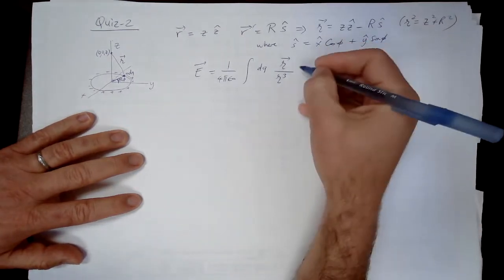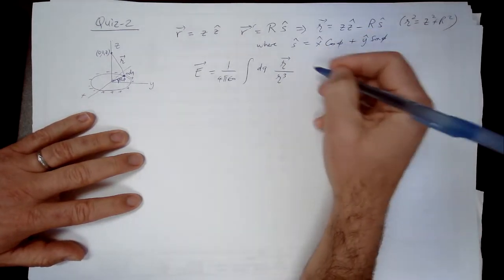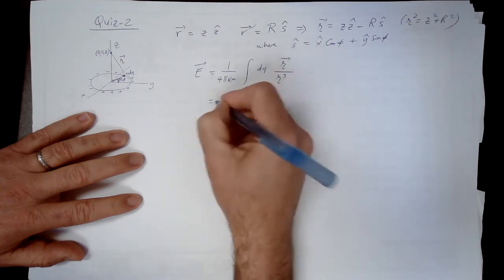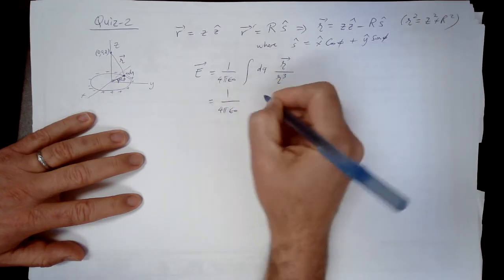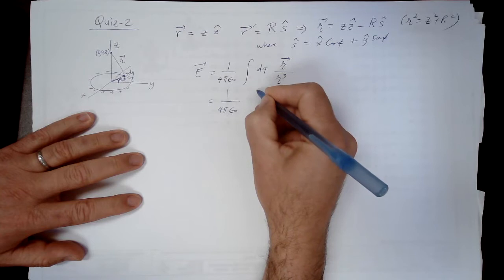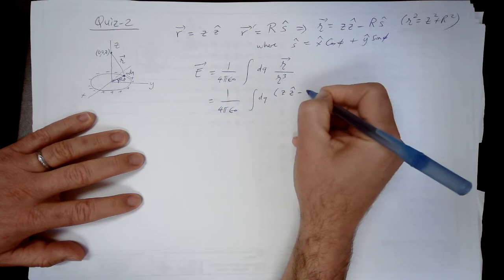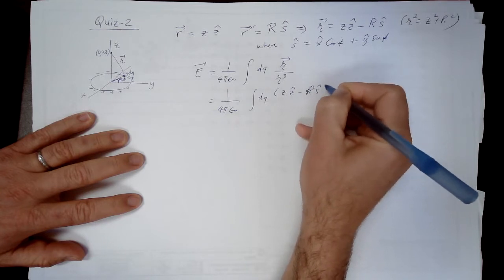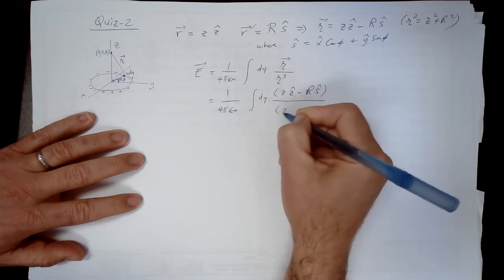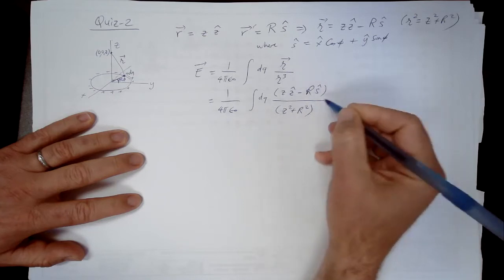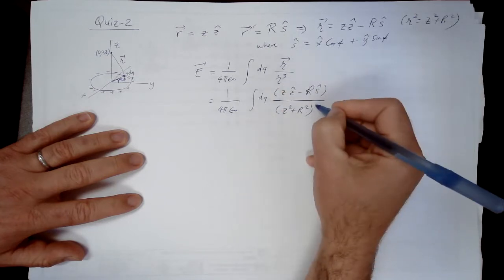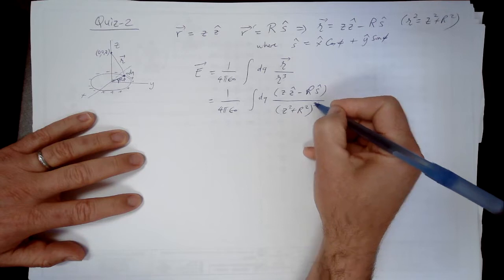So I can just replace that here. So it becomes 1 over 4 pi epsilon naught, dq z z hat minus capital R s hat divided by z squared plus R squared, square root of that to the third power, so 3/2.